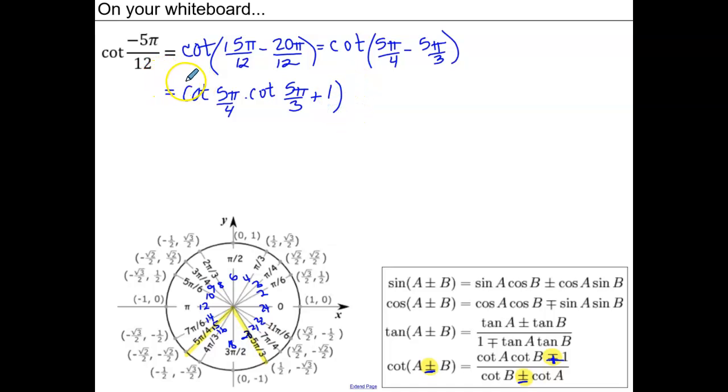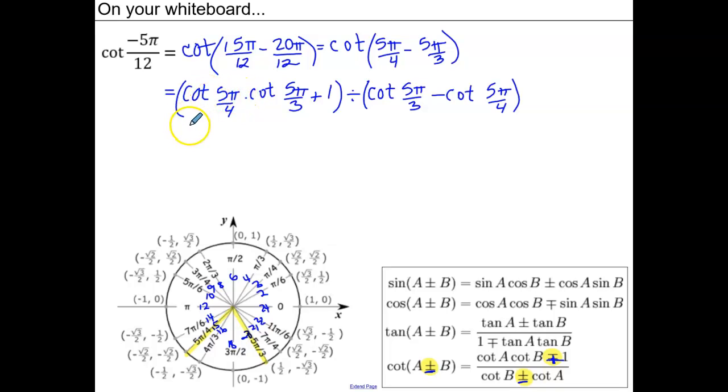Okay, that's our numerator, and it'll be divided by the cotangent of angle B, 5 pi over 3. Then minus, because again we're using the bottom operation, the cotangent of angle A, which is 5 pi over 4. Okay, and that applied our cotangent identity for the difference of angles A and B.